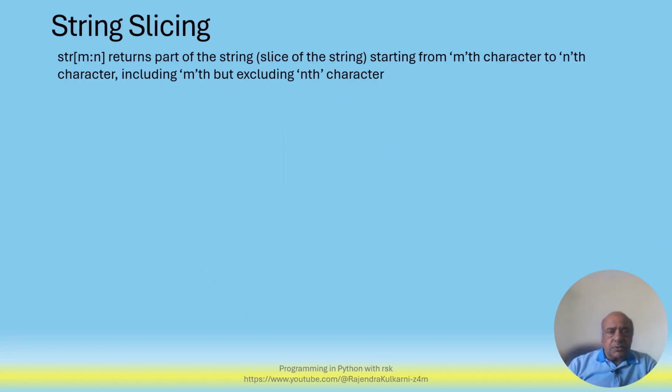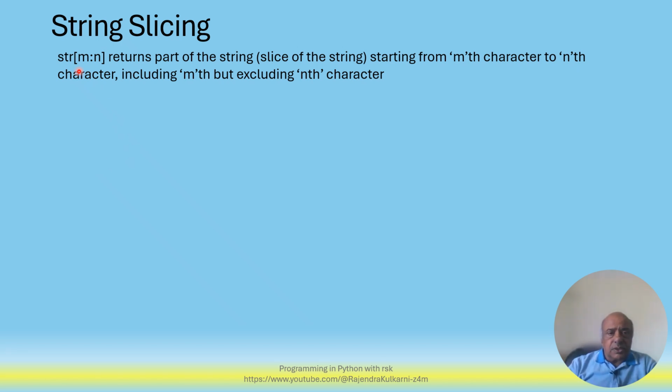A string can be sliced, or we can extract a small portion, a substring, from the given string. How is it done? str[m:n], with both m and n enclosed in the square brackets.